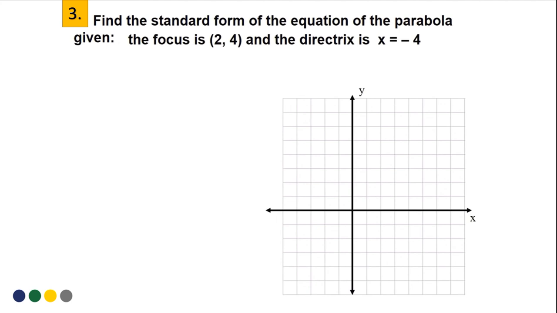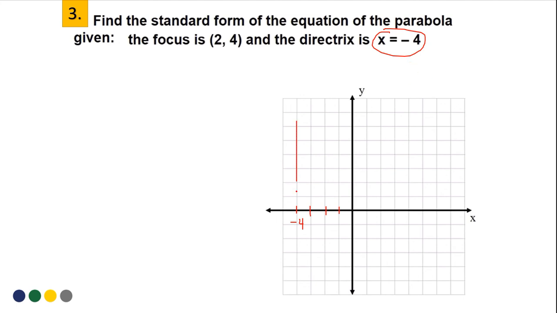Saan banda? Right, left, upward, downward? Sir, left po. Nasa left. Di ba? Bilang tayo. Nasa x siya. So, 1, 2, 3, 4. And this is -4 because directrix is -4.